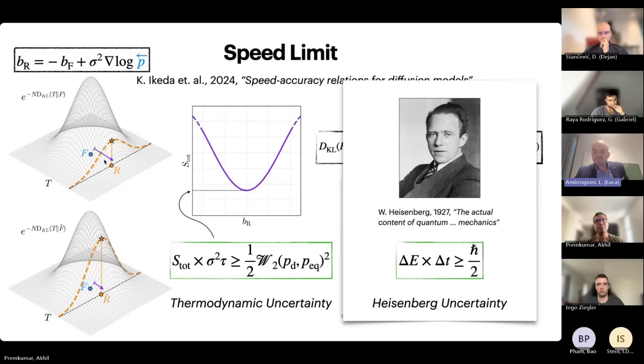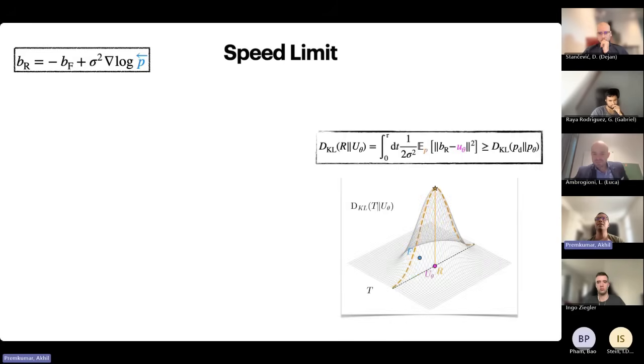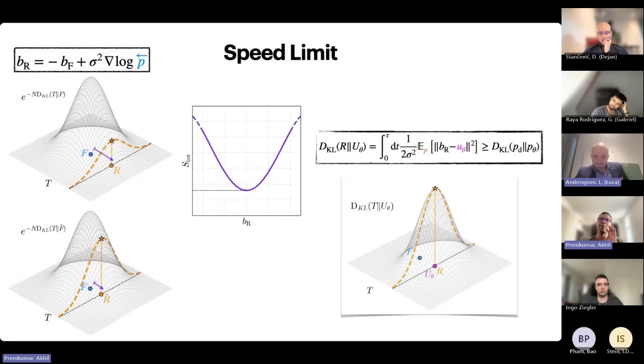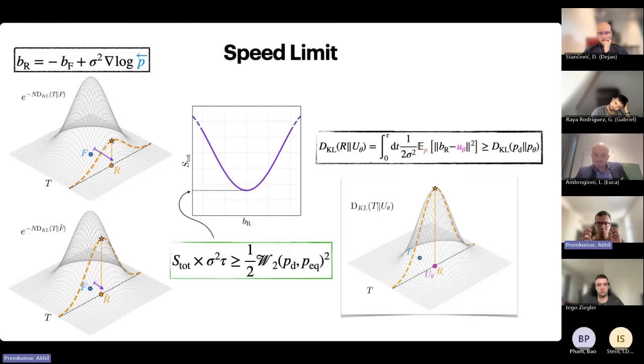The point I was making is the following: if you are extremely aggressive in your forward diffusion process, you will generate a large amount of S dot, right? What was the definition of S dot?